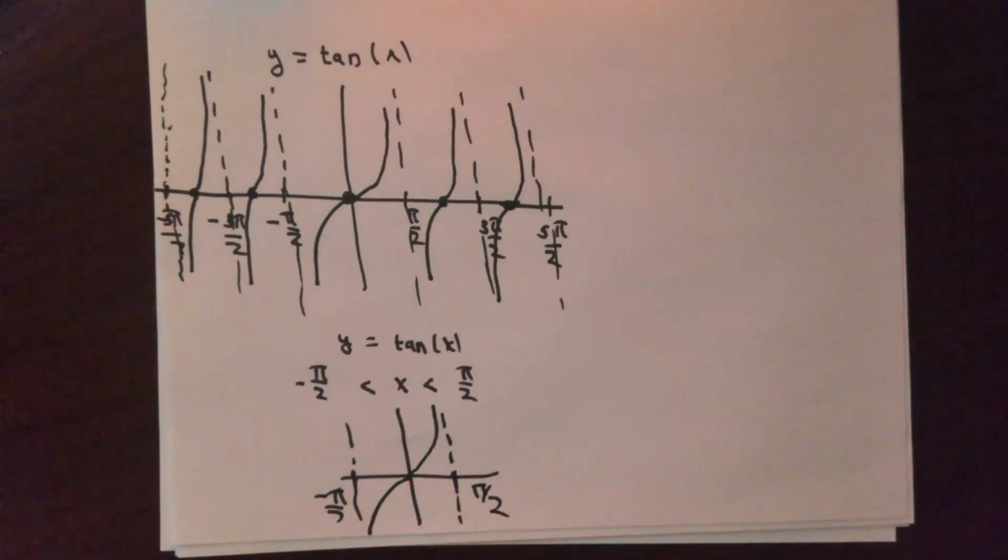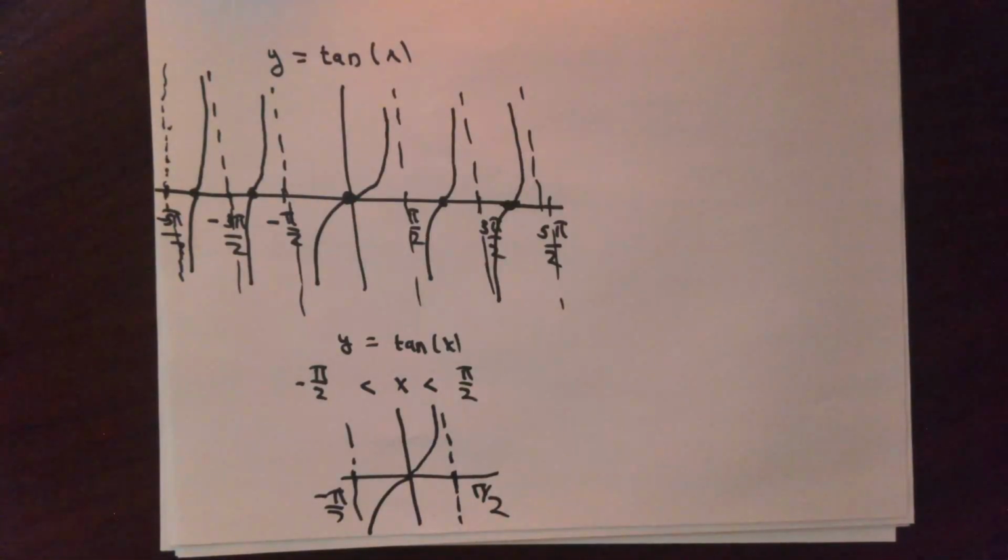If we do what we did with the sine, which is keep the piece in the middle, then I'll have a picture that looks like this. The only difference is I have to keep the x from equaling negative pi over 2 or pi over 2 because of the vertical asymptote business.